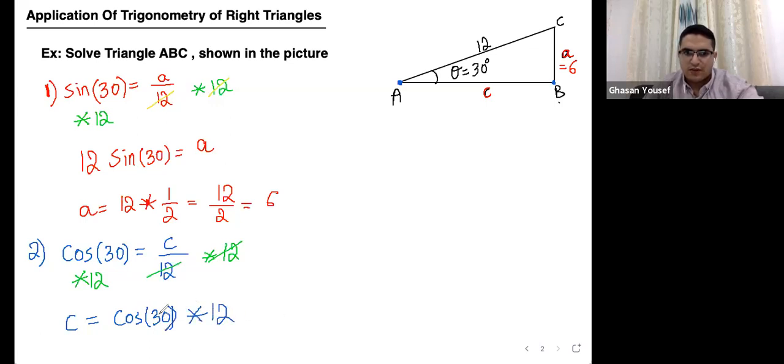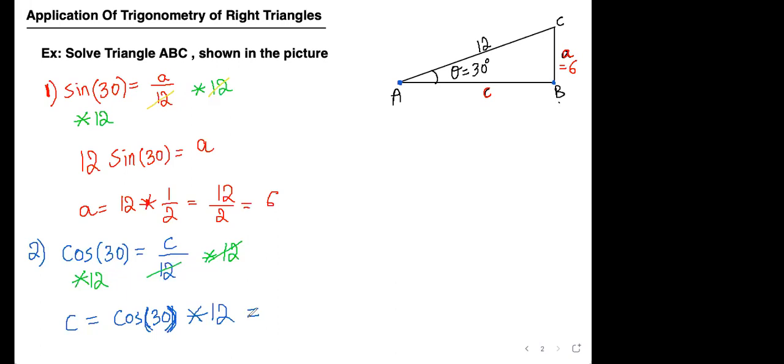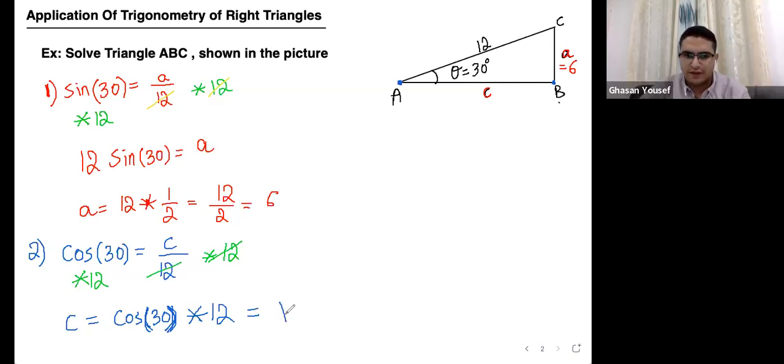Now, what's the cosine of 30 by using the table? You should memorize this table. What's the cosine of 30? The square root of 3 over 2. Yes, correct. Square root of 3 over 2 times 12.